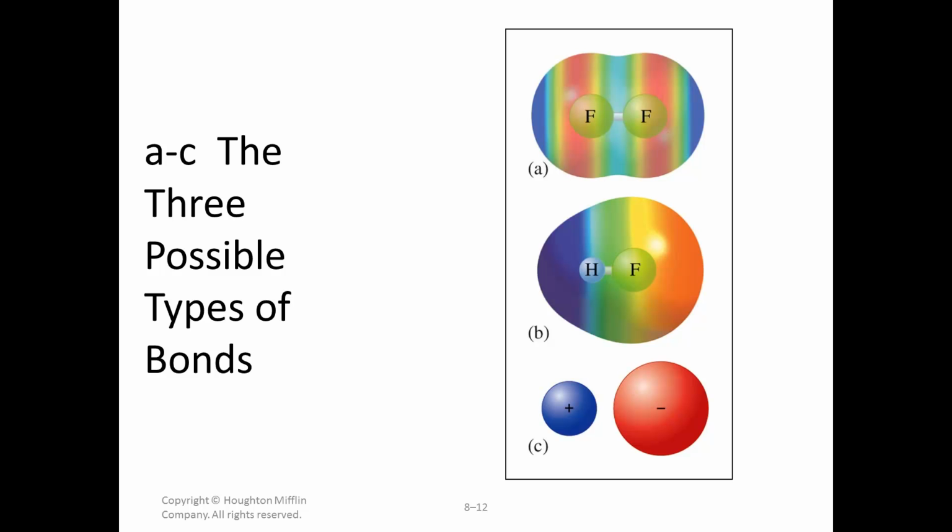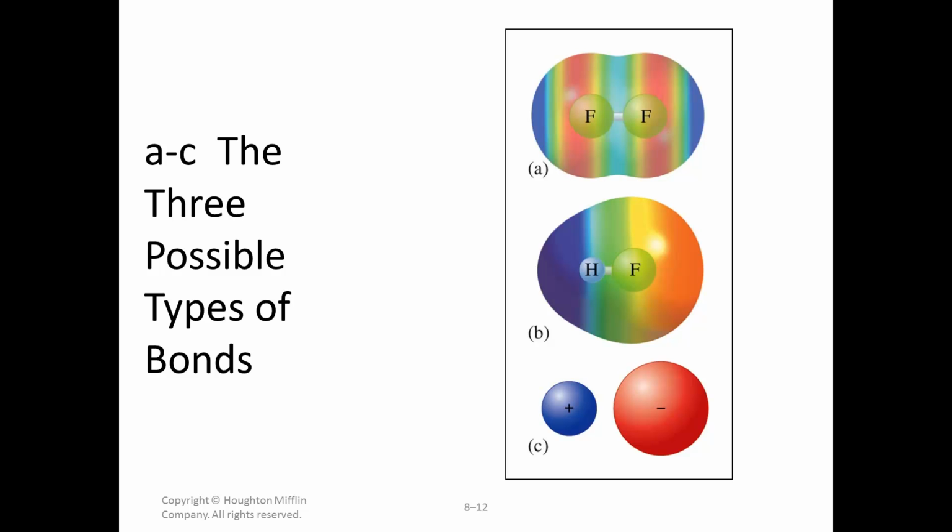Now we've seen that there are three possible types of bonds. We can have an equal sharing of electrons between identical elements, as is shown by the fluorine molecule in A. A results in a purely covalent bond.